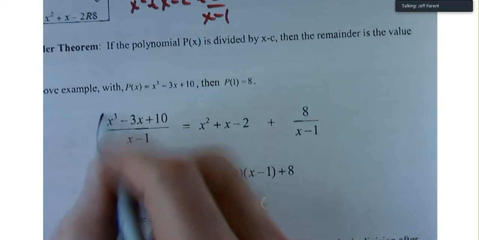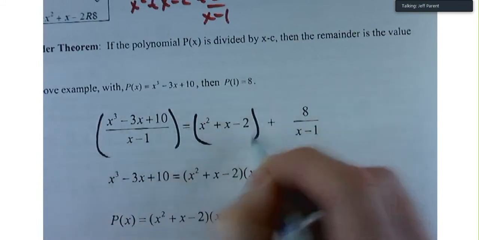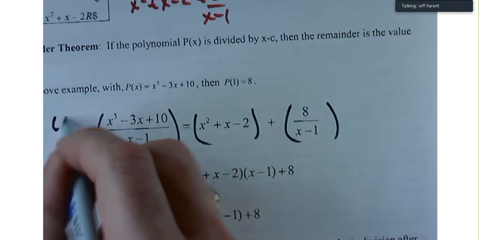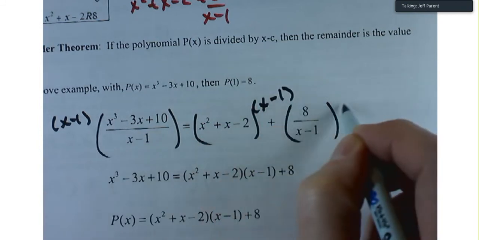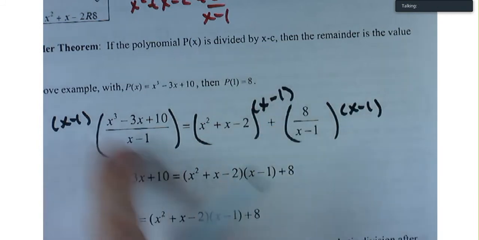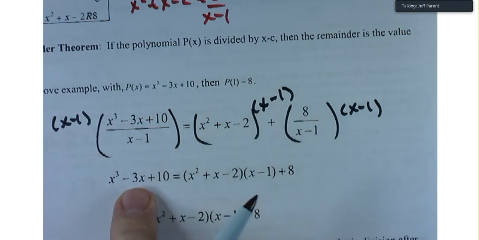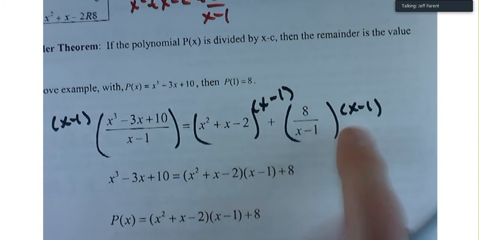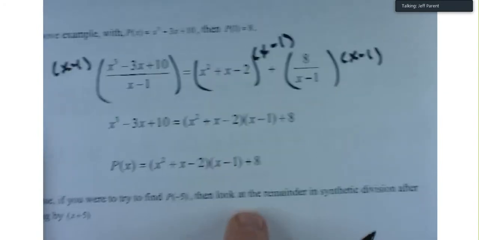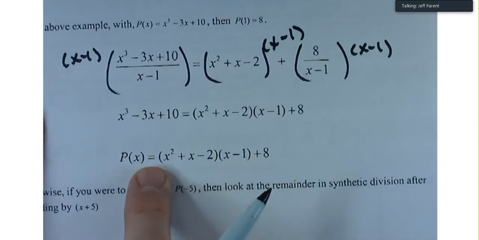If I were to multiply everything by x minus 1, this is going to cancel, gives me this. On the right-hand side I get this times this plus 8. So in other words, I can rewrite my polynomial like this.